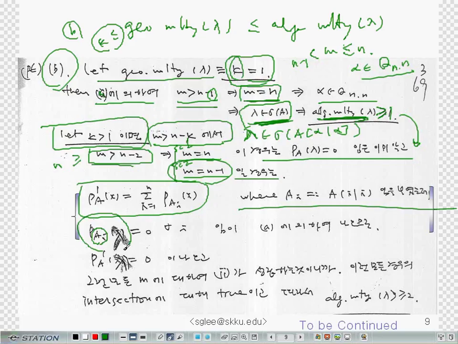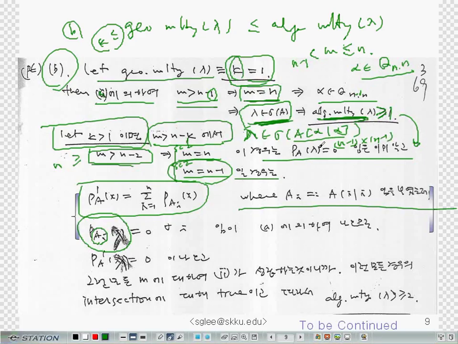Then think of the characteristic polynomial of A_i. If m is equal to n minus 1, what that means is this is n, this is n minus 1 by n minus 1.